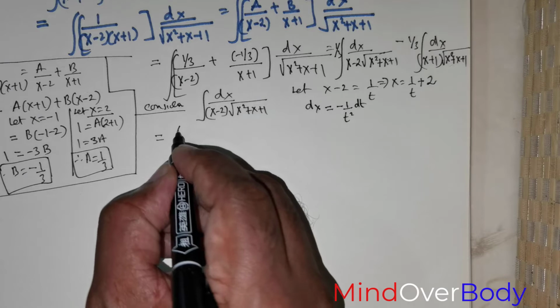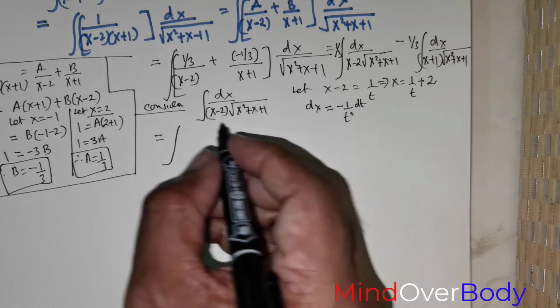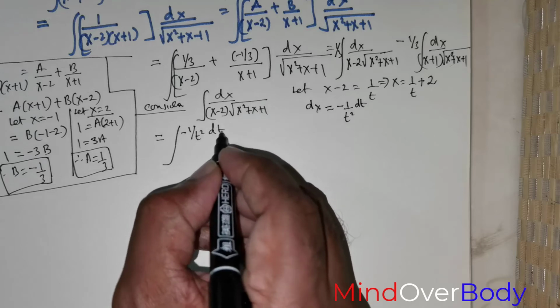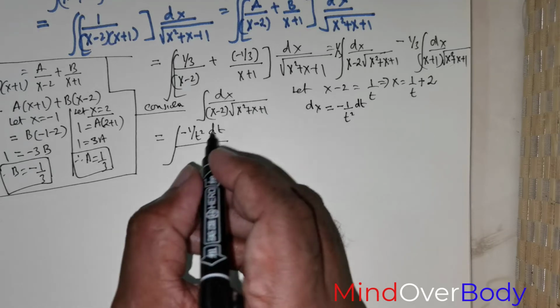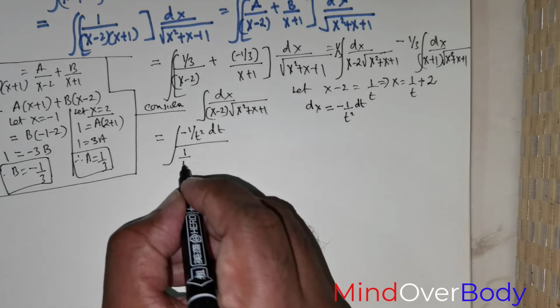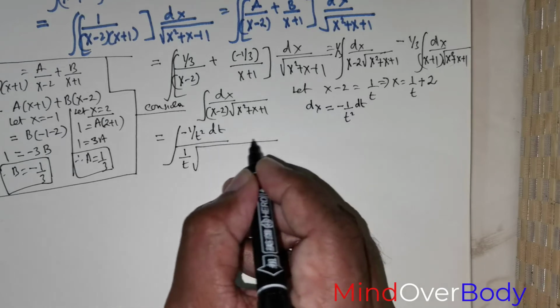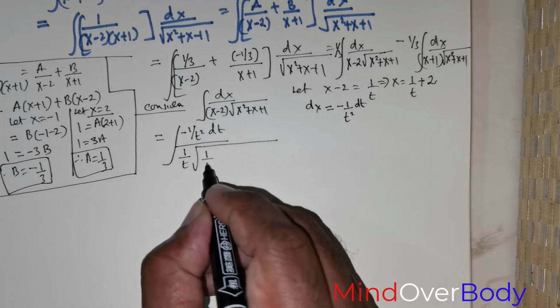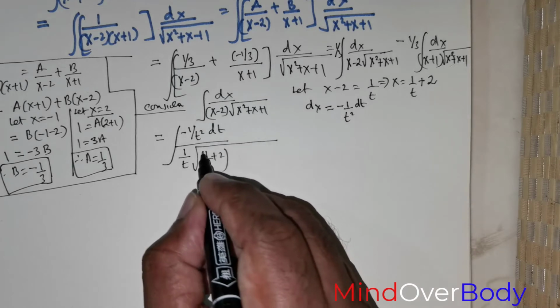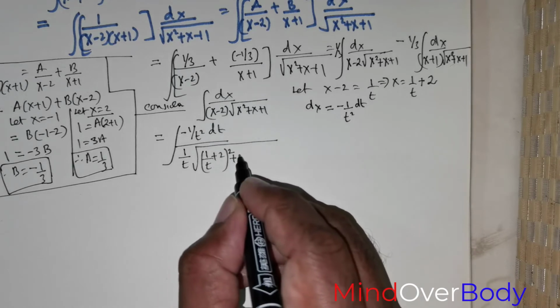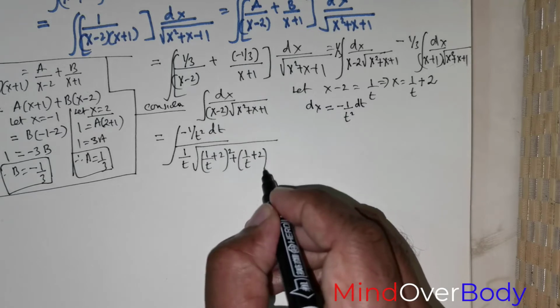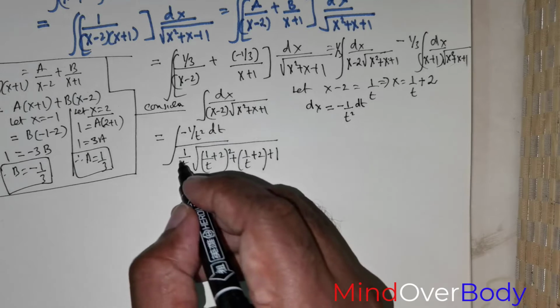So this is equal to the integral, in place of dx I substitute −1/t² dt. In place of x − 2 is 1/t, times the square root of x², where x is 1/t + 2, raised to the power of 2, plus 1/t + 2, plus 1. I can flip this.